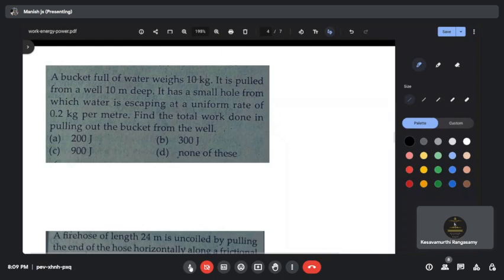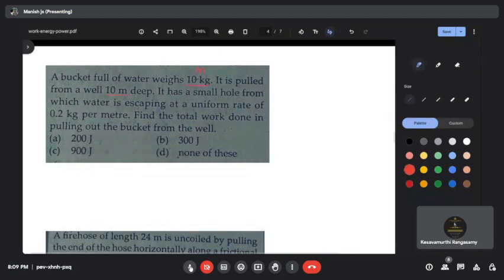So they're asking you. Here, what is the given data? You have 10 kg, the well is 10 meters.